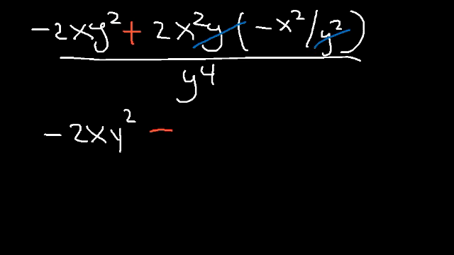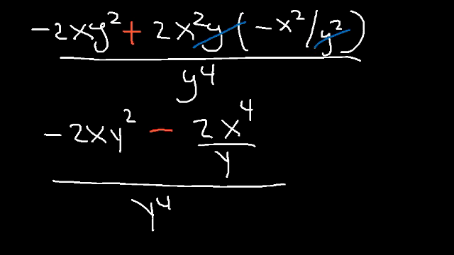And then we have 2x to the fourth if you combine x squared and x squared. And we have one y left over on the bottom since we cancel one. And this is divided by y to the fourth. So to get rid of this y variable, let's multiply y on the top and on the bottom.